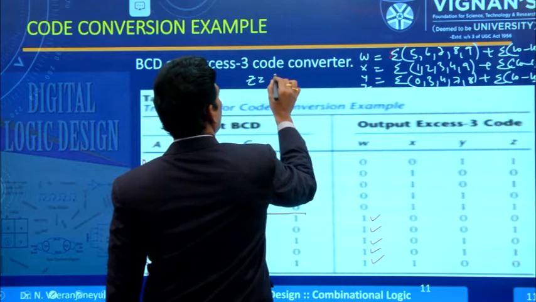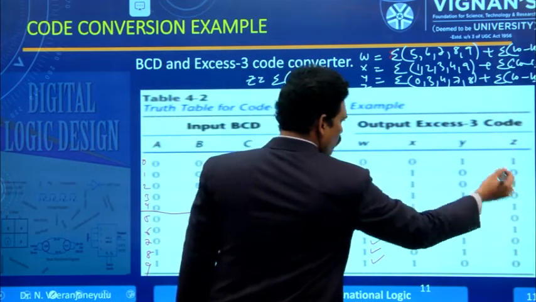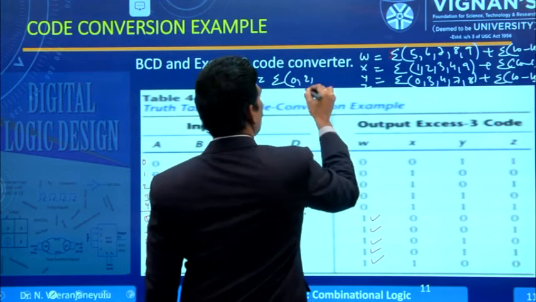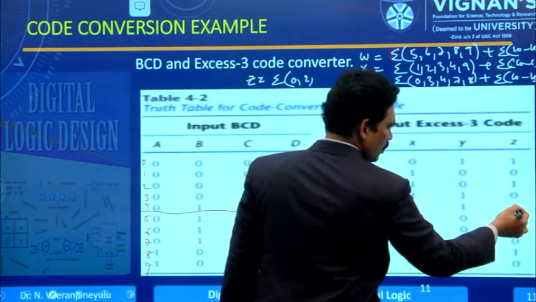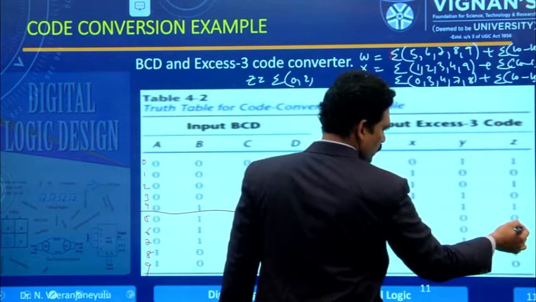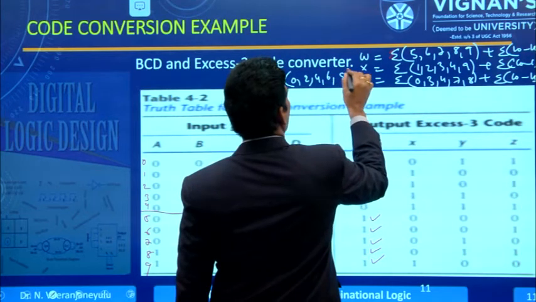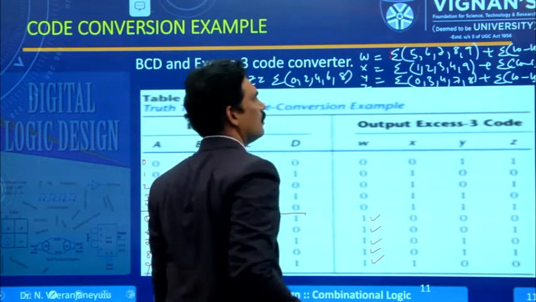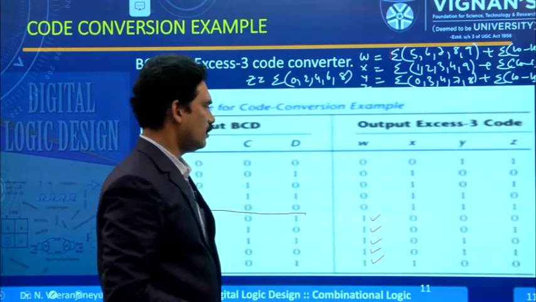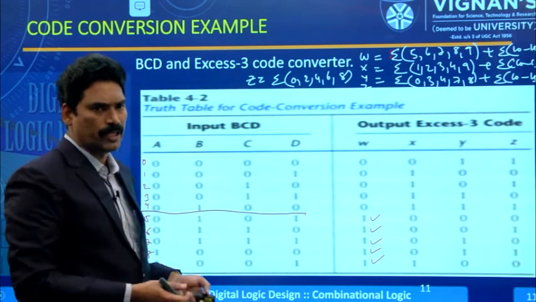Z is equal to sigma 0, 2, 4, 6, 8 plus sigma 10 to 15. These are the expressions for output variables.